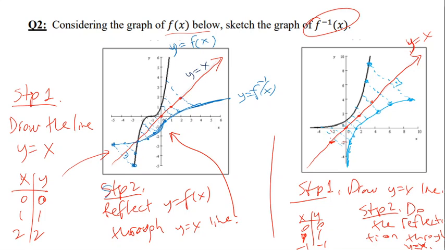If you have a grid, you can do it precisely. You can make an exact graph, but here it's not possible. So we say this is the graph of f inverse of x.